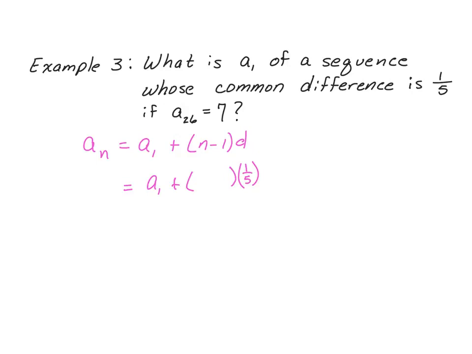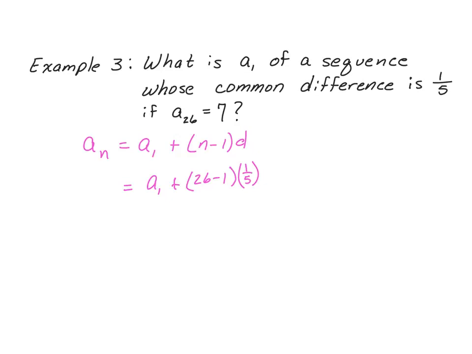All right, so if we think about what term this is, we have the value a sub 26, which means 26 would be the n value. So we can go ahead and put 26 minus 1 in here, and then this term here would be a sub 26.